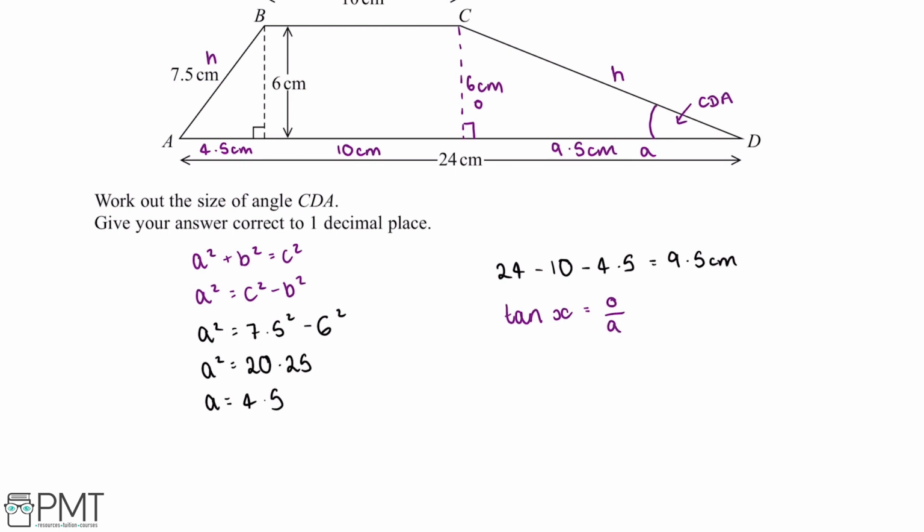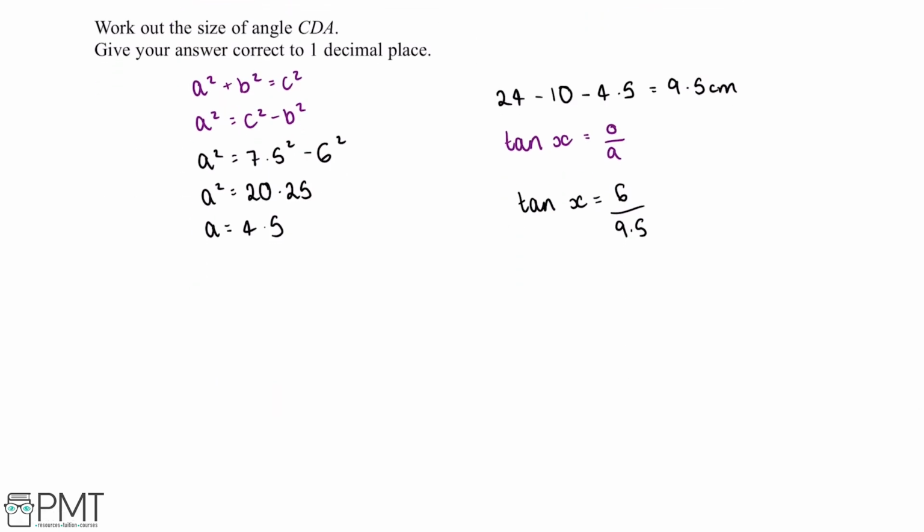So if we substitute the values we've got in our triangle into this equation, it tells us that tan x is equal to 6 divided by 9.5. And what this means is that x is equal to tan to the negative 1 of 6 over 9.5.